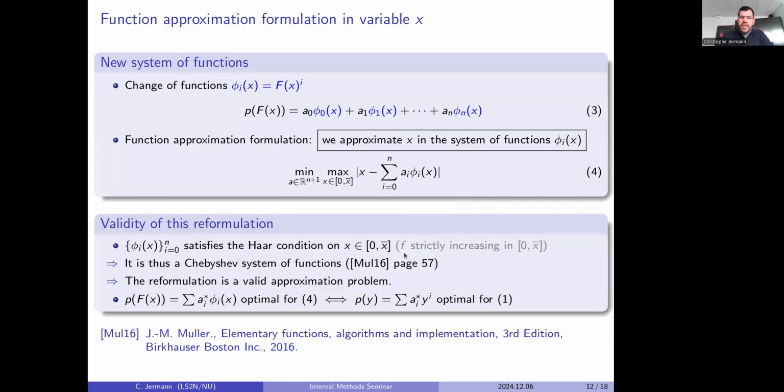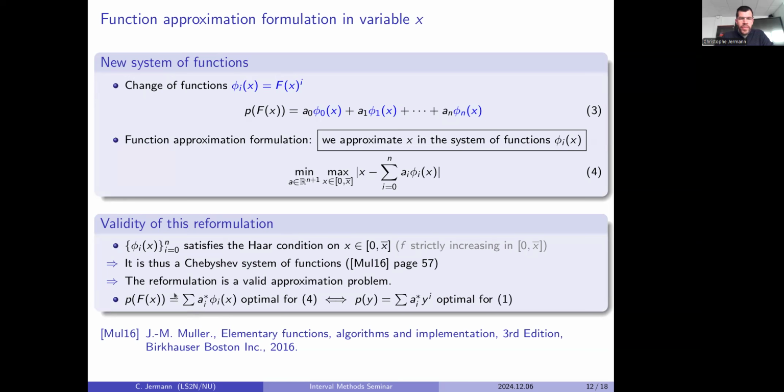Because of the nature of the function near the optimum, this can be shown to be satisfied, which in turn implies that the system of functions phi is a Chebyshev system of functions. This is a result from a famous Müller book.